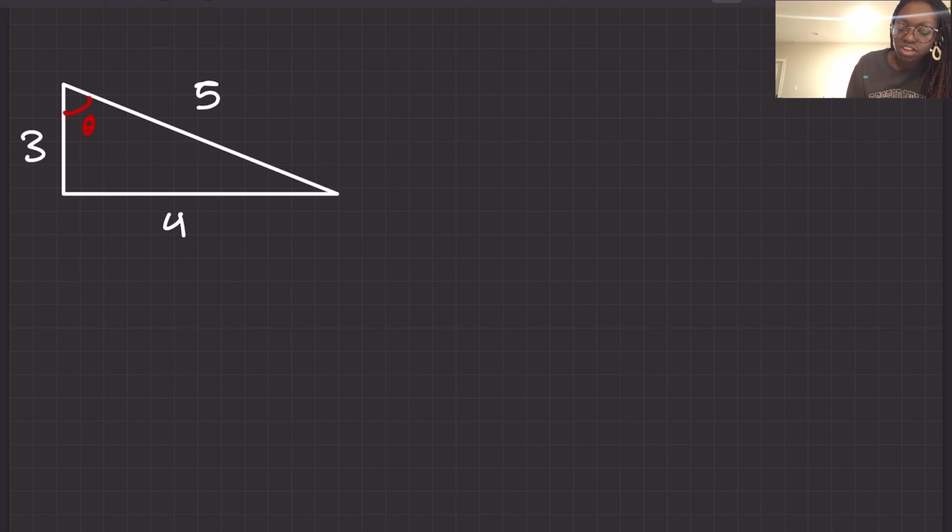So we have a triangle with the measures 3, 4, and 5. And let's say I ask you to find the tangent of theta, right? So what would you do first? You would start by remembering, what does tangent mean?